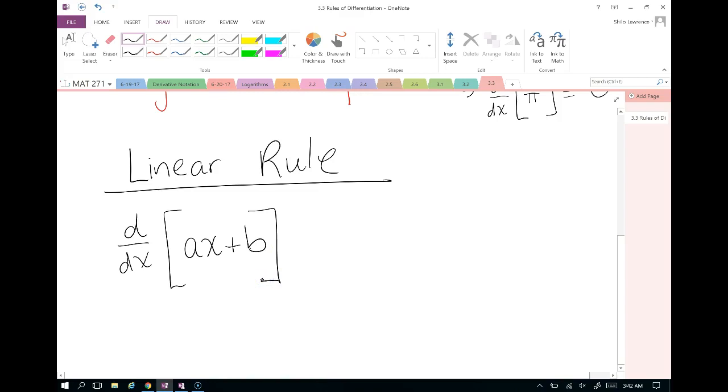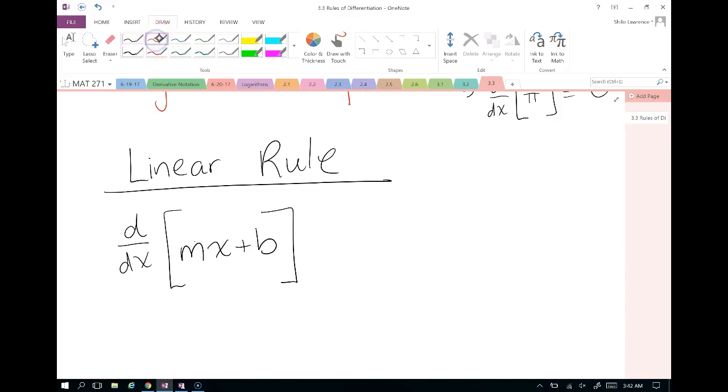So if we want the derivative for, and let me actually write this as mx plus b, because that's typically how we write the equation for a line, mx plus b.